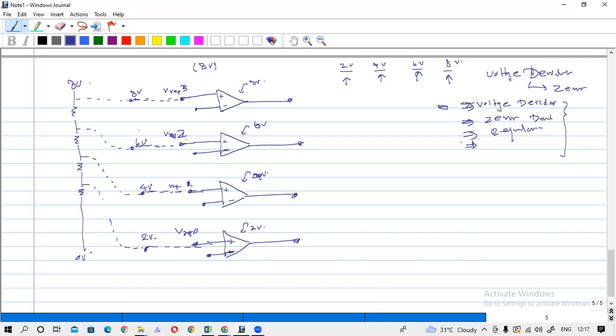Okay. So what resistor value do I have to use? Can anyone tell me? What resistor value can I use here?